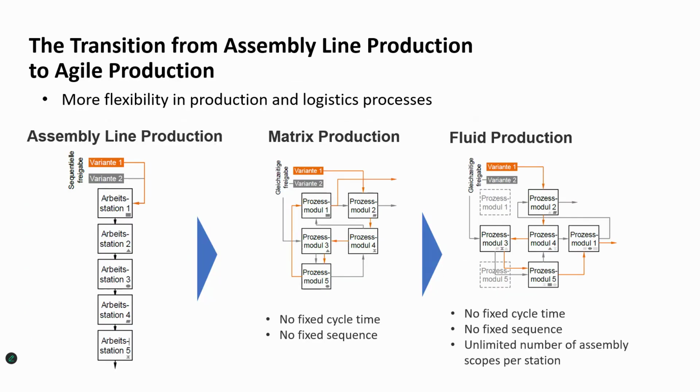And so it's with this in mind that industry has increasingly transitioned from the assembly line production method, with its rigidity and constraints, to methods such as the matrix production model, which eliminates the fixed time cycle and sequence of processes, or fluid production models, which also allow for an unlimited number of assembly scopes per station.